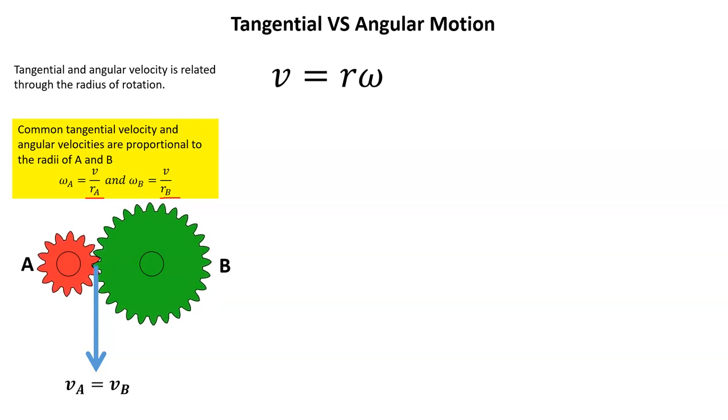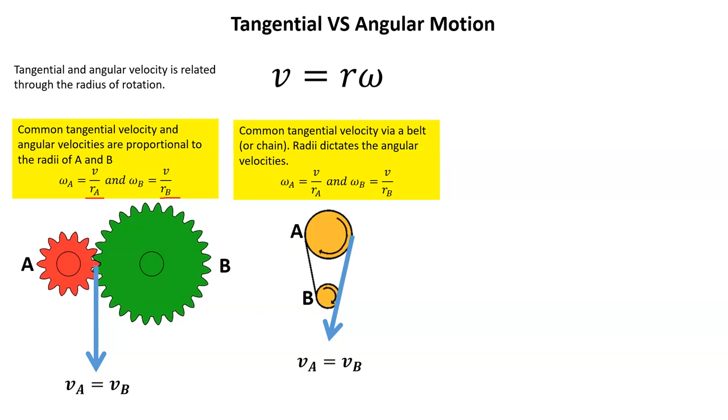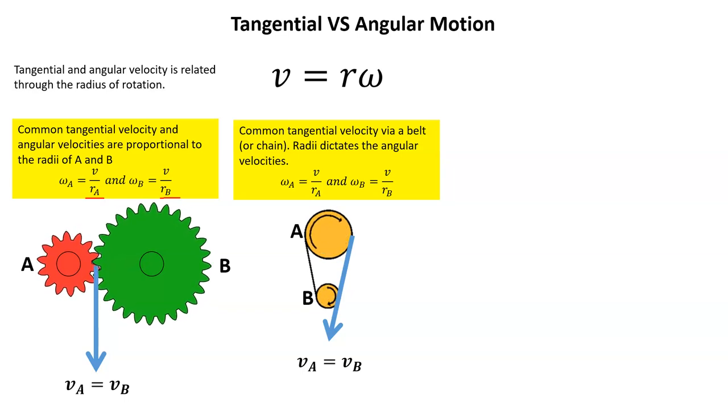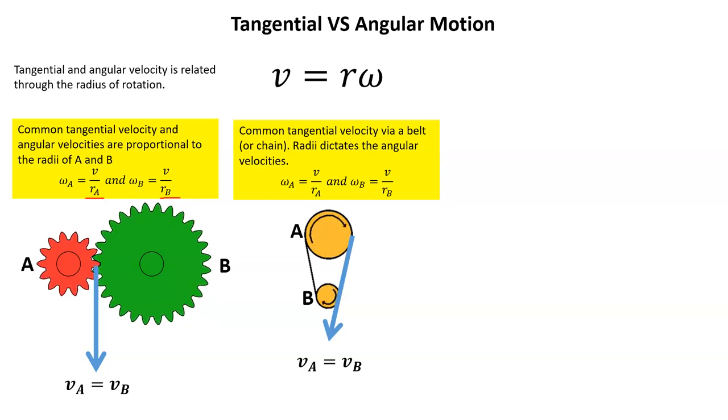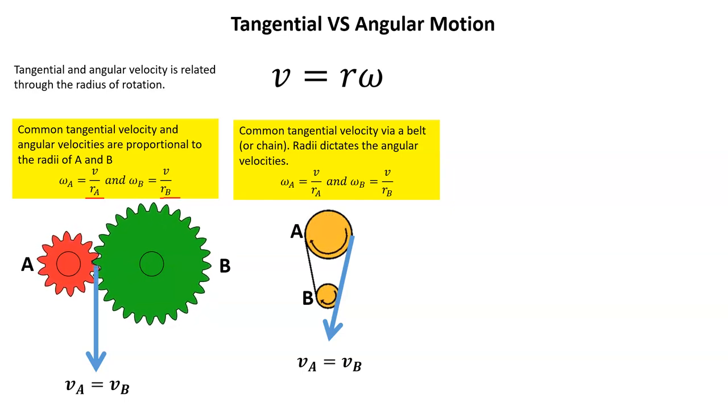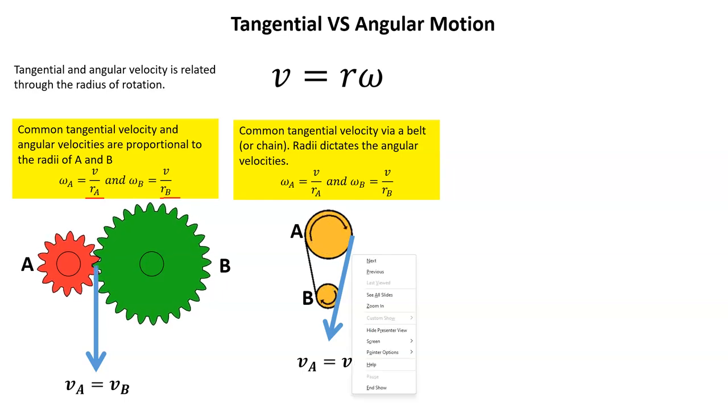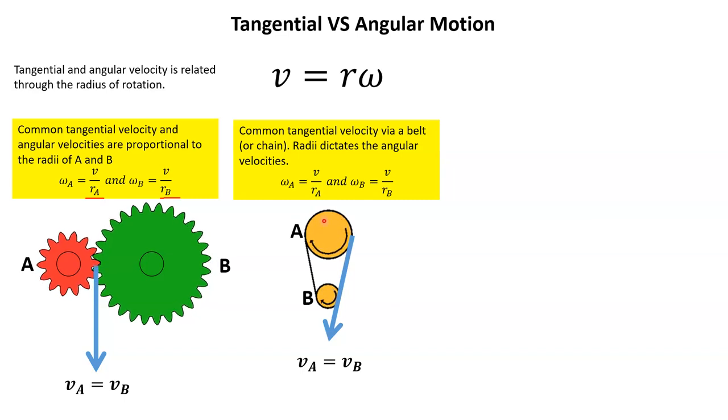Now, you can see the same thing with belts and pulleys or chains. The sprocket on your bicycle would be a really good example. They have a common tangential velocity in that belt, but different sizes.